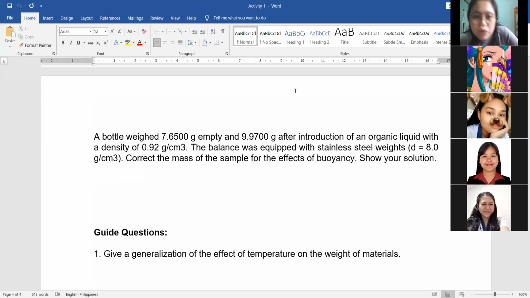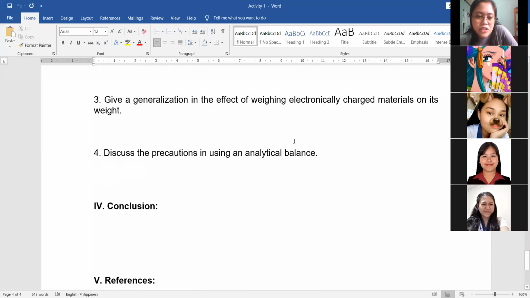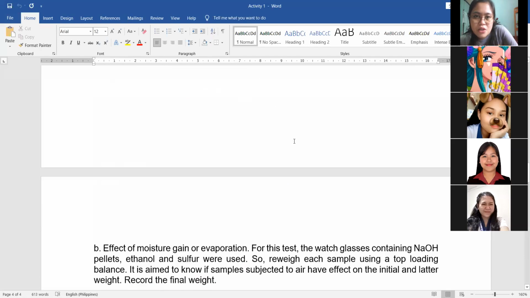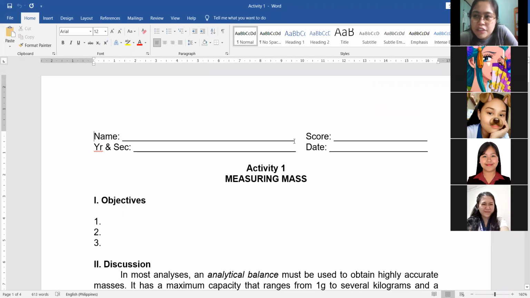Now, you have to correct the mass of the sample for the effects of buoyancy using the formula above. So, try to solve it. And then afterwards, please answer the guide questions, the conclusions, and write your references also. So, this will be your activity this afternoon.